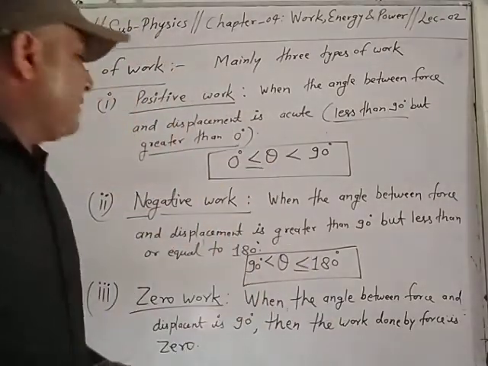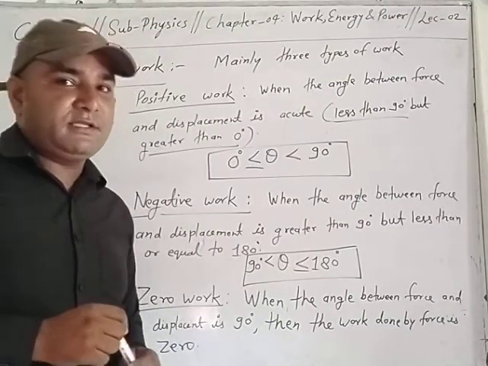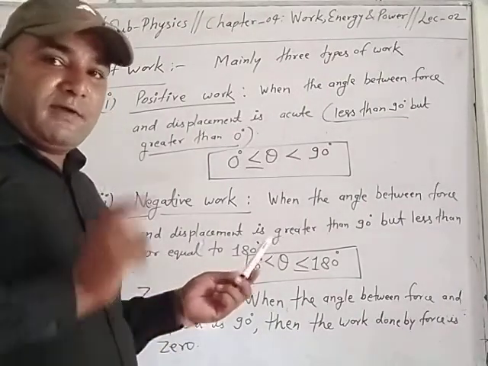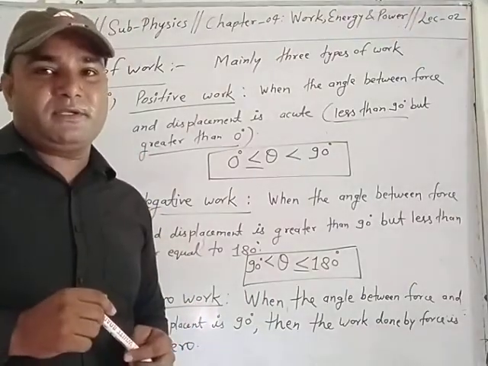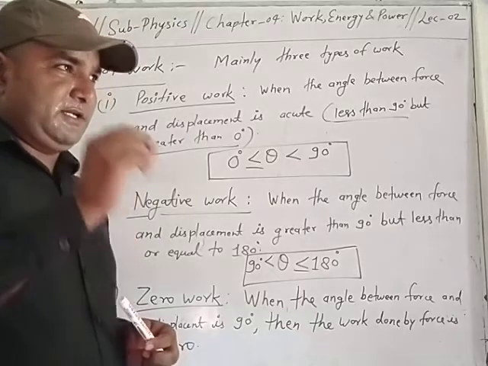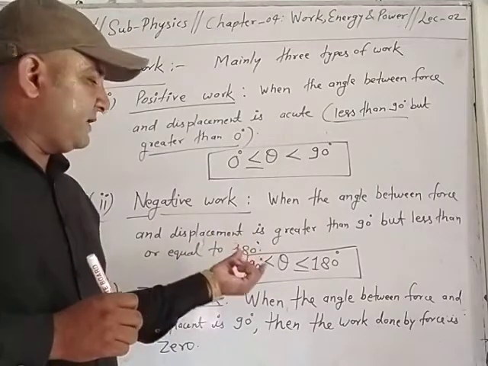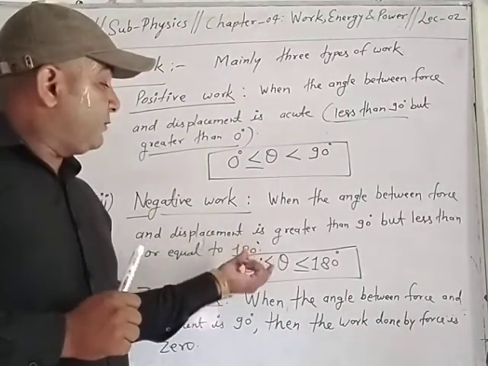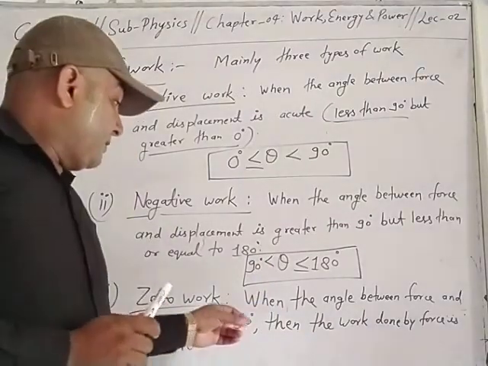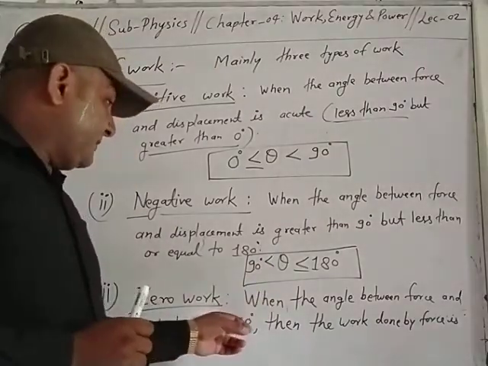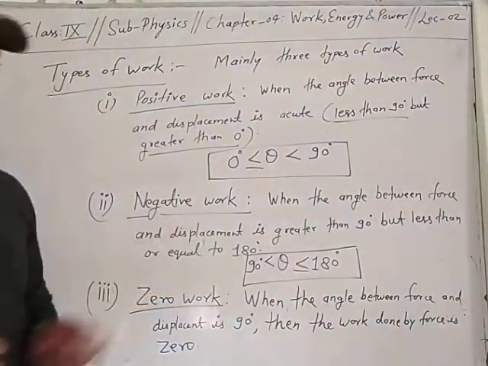Whenever the angle is between 90 and 180, either cos 120 or 150 or 180, in all cases the cos value will be negative. Clear? And last one, when the angle between force and displacement is 90 degree, then the work done by force is 0. Just note down all. After this we will solve numericals.